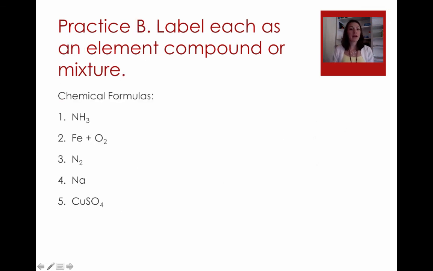For the second part, look just at the chemical formulas that I've given you, 1 through 5, and decide, is it an element, is it a compound, or is it a mixture? How will you know? Give it a whirl, and we'll go over it in class tomorrow.